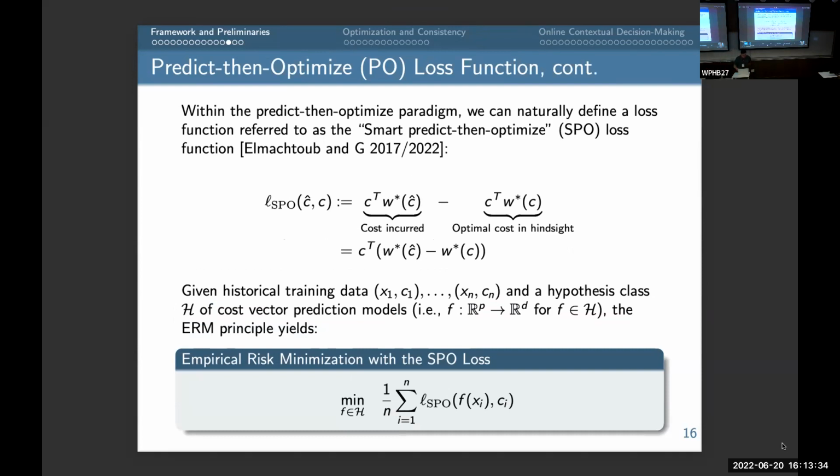So in some sense, this is the ideal loss function for the decision-making task with respect to the feasible region that we're given. And so ideally, we might want to solve this empirical risk minimization problem with respect to this loss function, right? We might want to pick a model F, which minimizes over our hypothesis class the empirical version of the SPO loss. And that's the problem that I wrote down here.